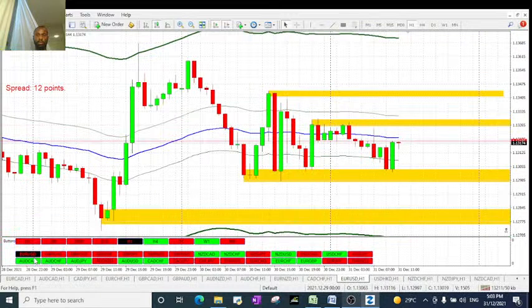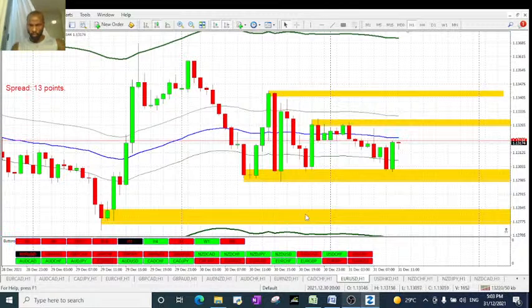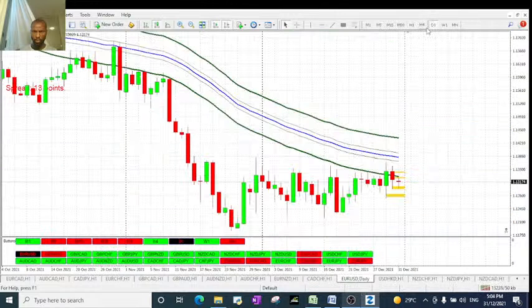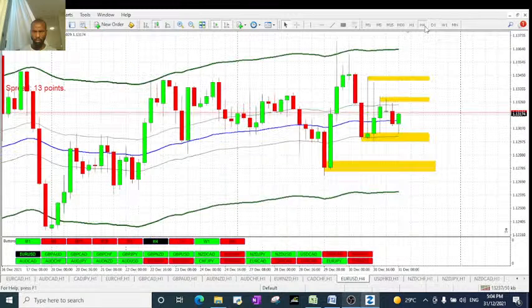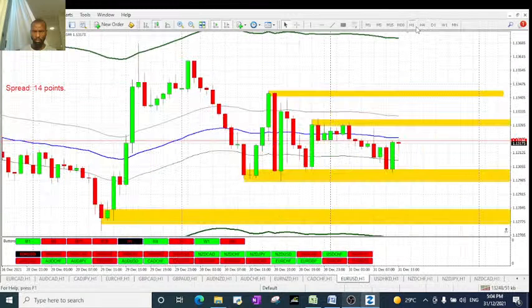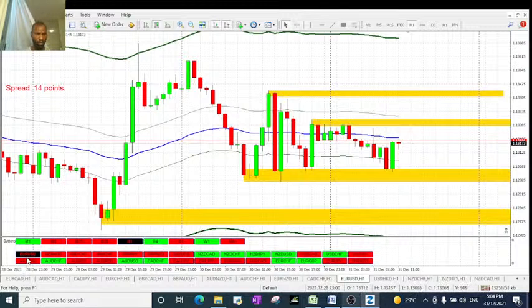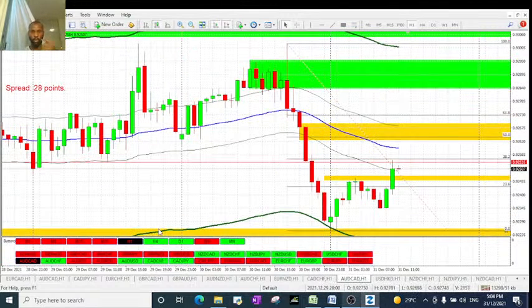How did the Australian dollar close? Oh, Euro US. Okay, Australian dollar card.